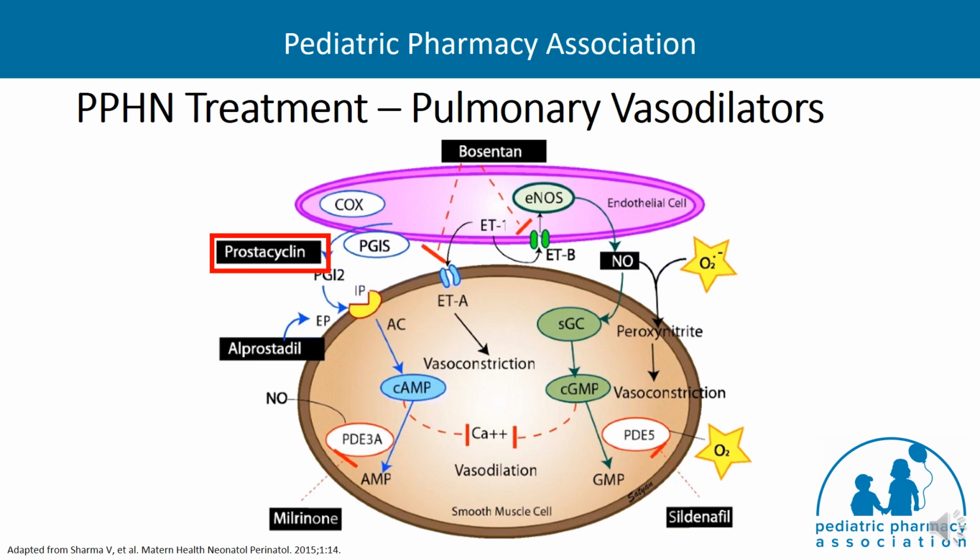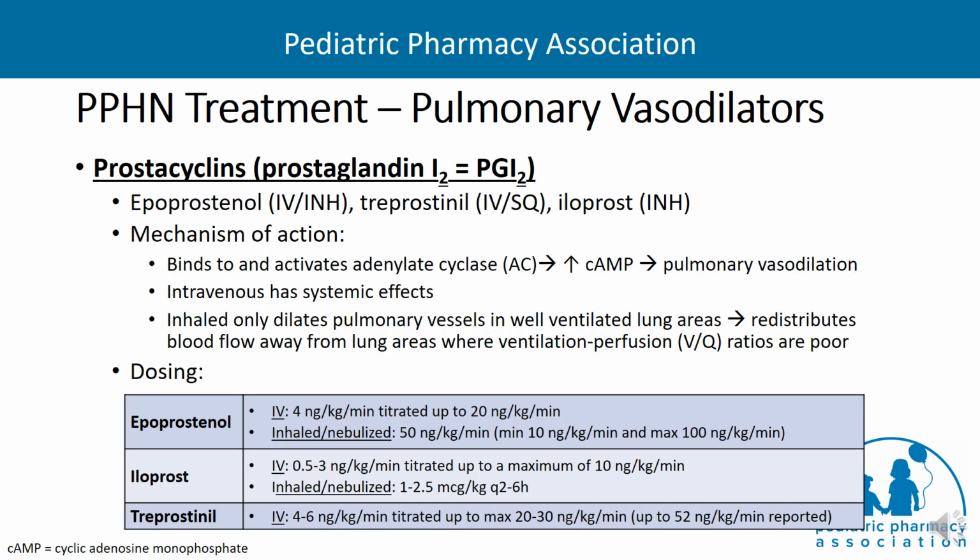Next, we will discuss prostacyclins, which are also referred to as prostaglandins. So prostaglandins have been used in patients with INO-resistant PPHN due to their ability to cause pulmonary vasodilation. These include PGI2, which specifically is what are called prostacyclins, and the drugs are epoprostenol, iloprost, and treprostinil.